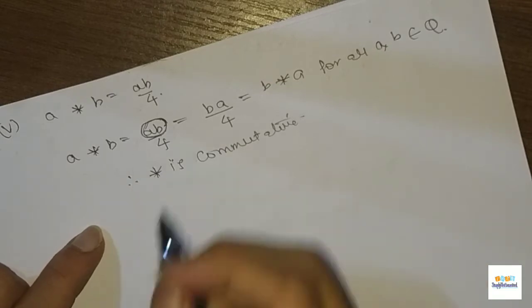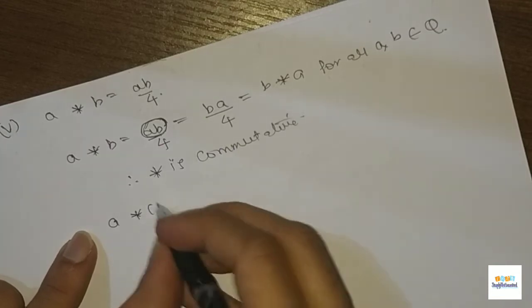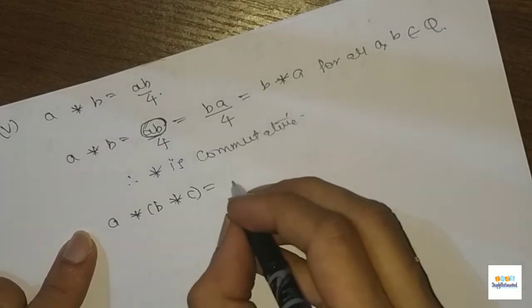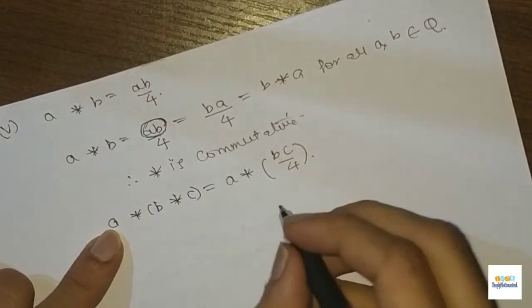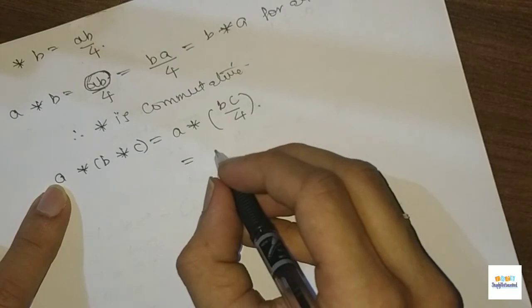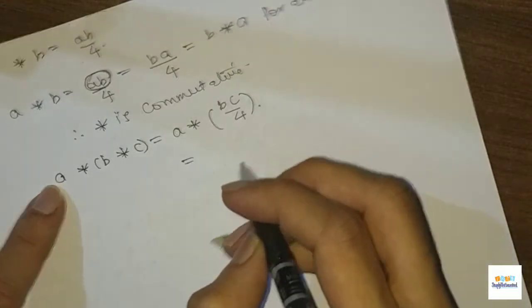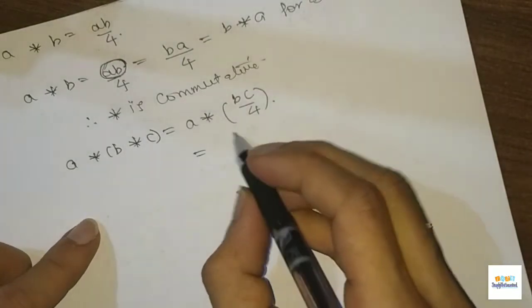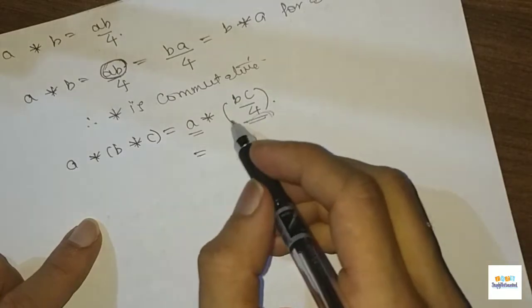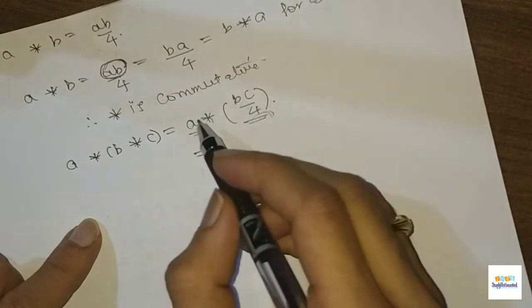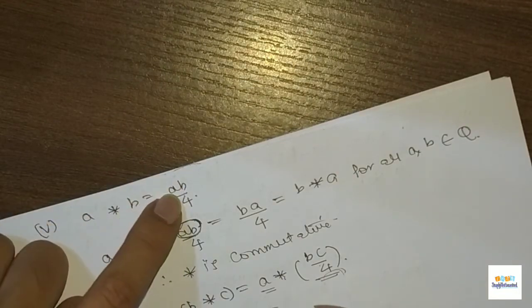This will be associative. Why? Because if we look at a star b star c, b star c is bc by 4. So a star bracket bc by 4, by the definition: the first quantity star the second quantity is the first quantity multiplied by the second quantity divided by 4.